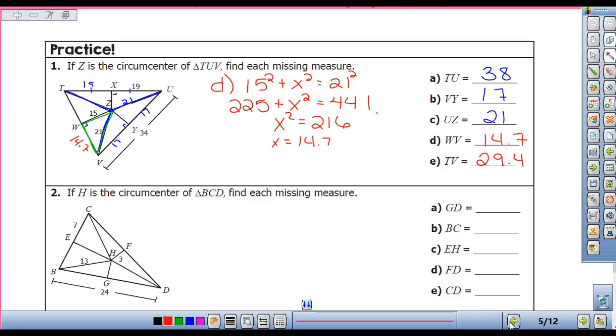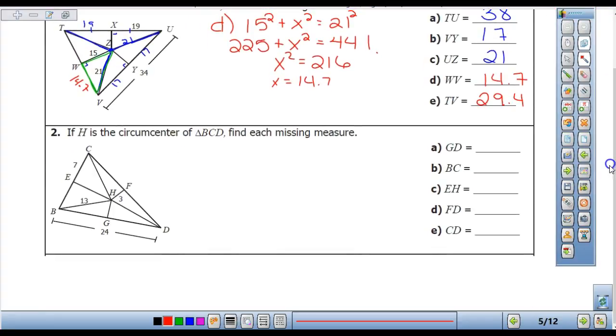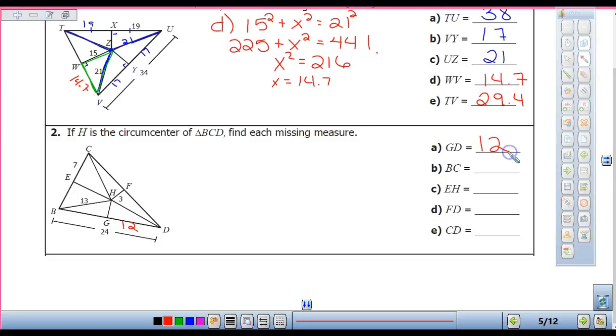All right, so let's look at number 2. So GD. The whole thing, it tells us, is 24. So GD is 12, because we've got perpendicular bisectors, so it bisects it and they form right angles.